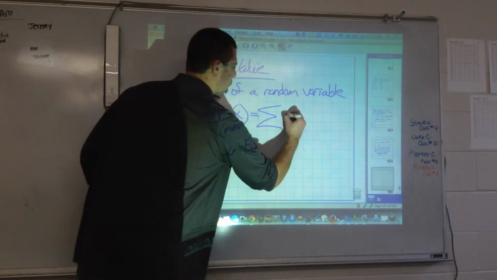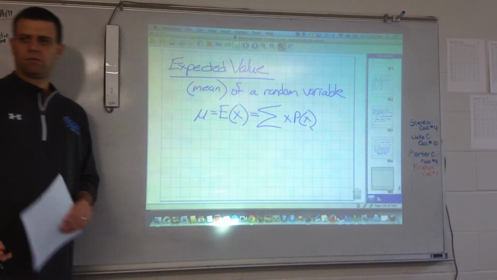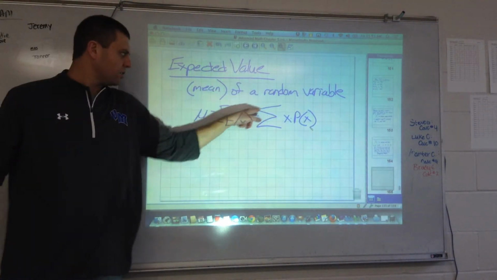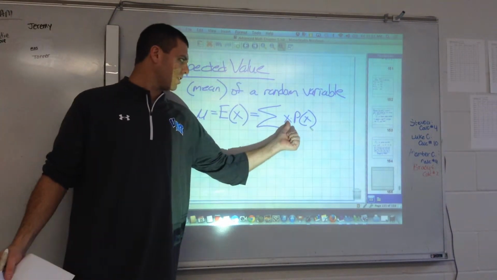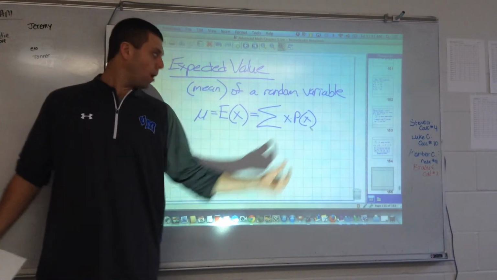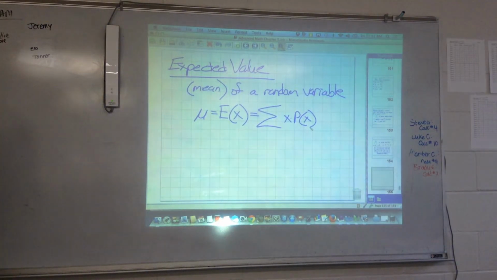You'll add up all of the x's multiplied by their probabilities. Again, this is sigma notation, meaning you're going to add together all of the x values multiplied by their probabilities. So you're going to add up all those products.